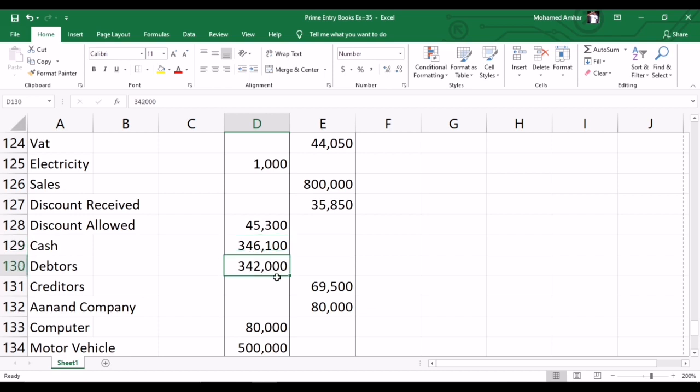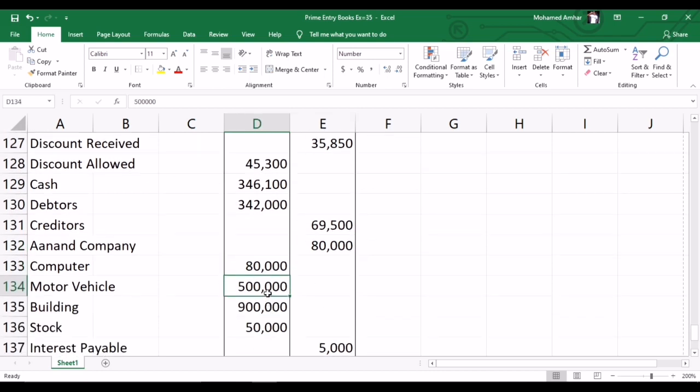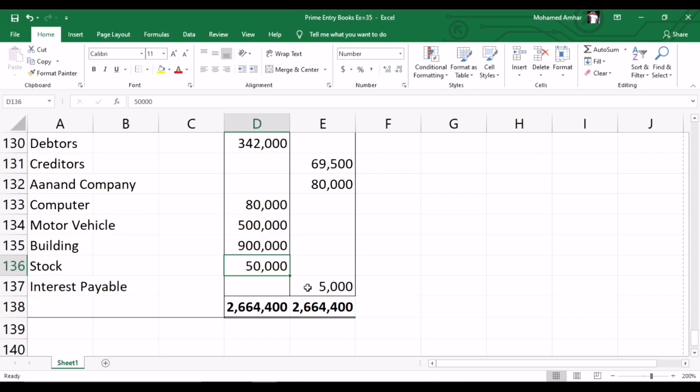Debtors balance debit side, creditors balance credit side, Anand Company computer debit side, motor vehicle debit side, building balance debit side, stock debit side, interest payable credit side. So the trial balance will balance to 2,664,400.